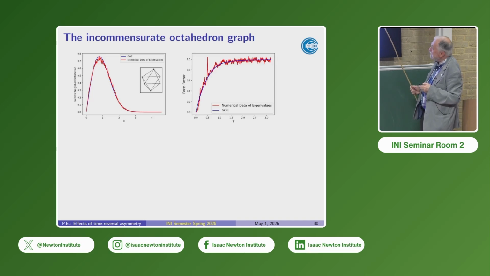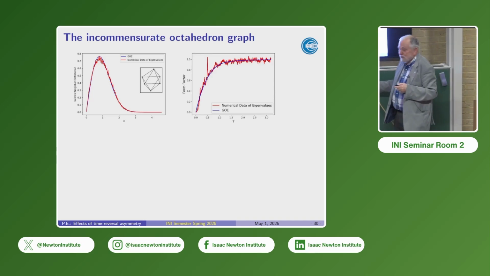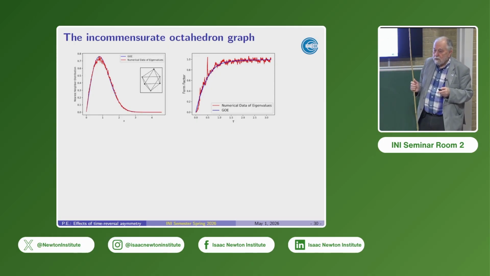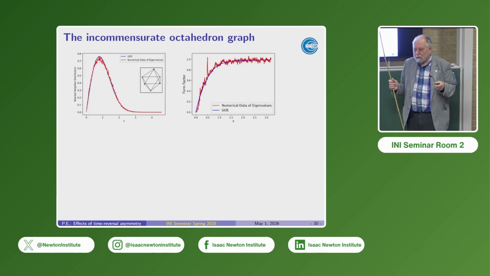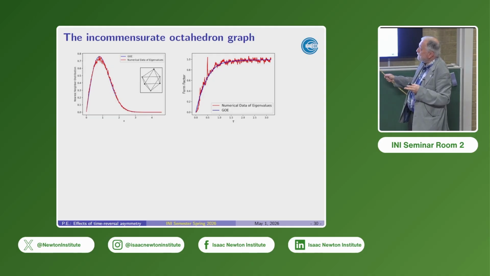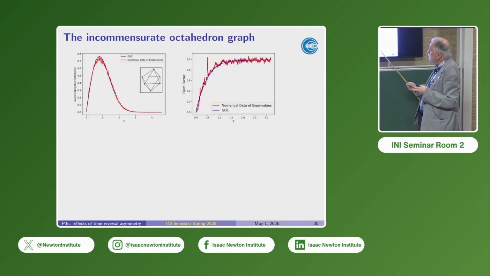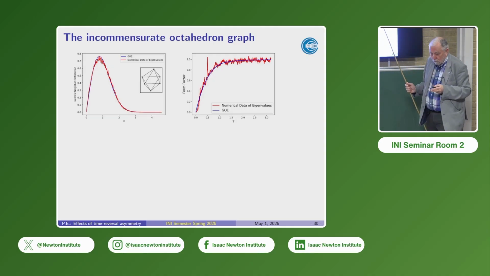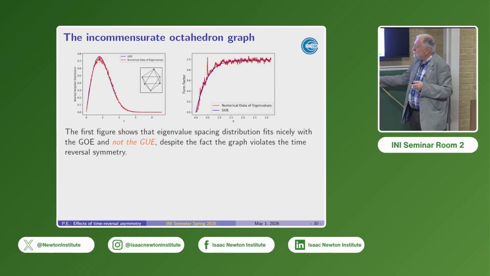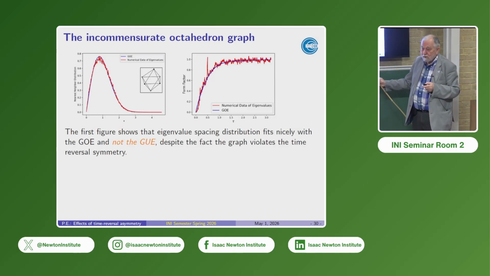Now, these two pictures concern the spectral statistics of the following graph, which is an octahedron, and it's not a regular octahedron; the edges are incommensurate. Here is the nearest neighbor distribution, and here is the form factor. Now, two surprises. This distribution, lo and behold, is not GUE, it's GOE.